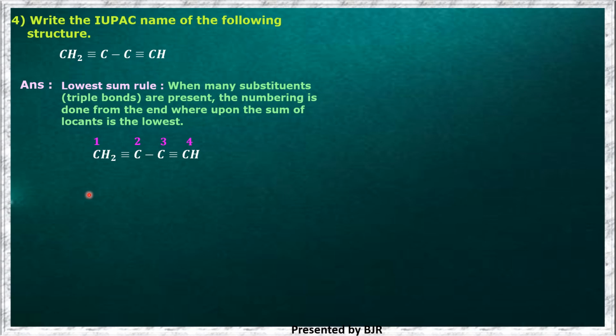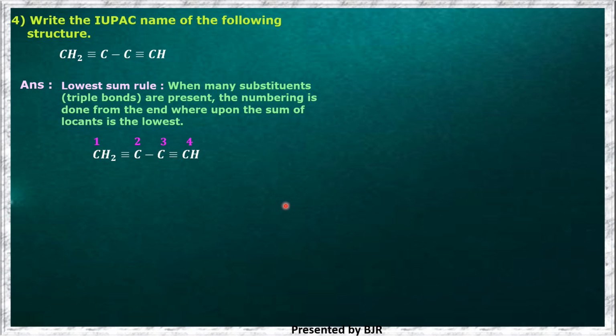Just now we have seen what is the meaning of locant. The number of the carbon atom containing the triple bond is called locant. Here 1 and 3 are the locants. That is, the first carbon and the third carbon are containing the triple bonds. Okay, so 1, 3 are the locants in this case.